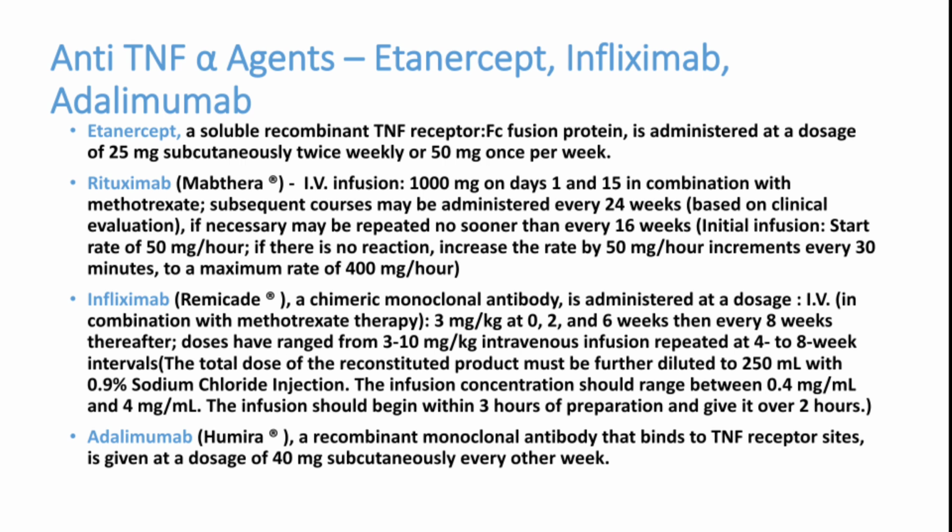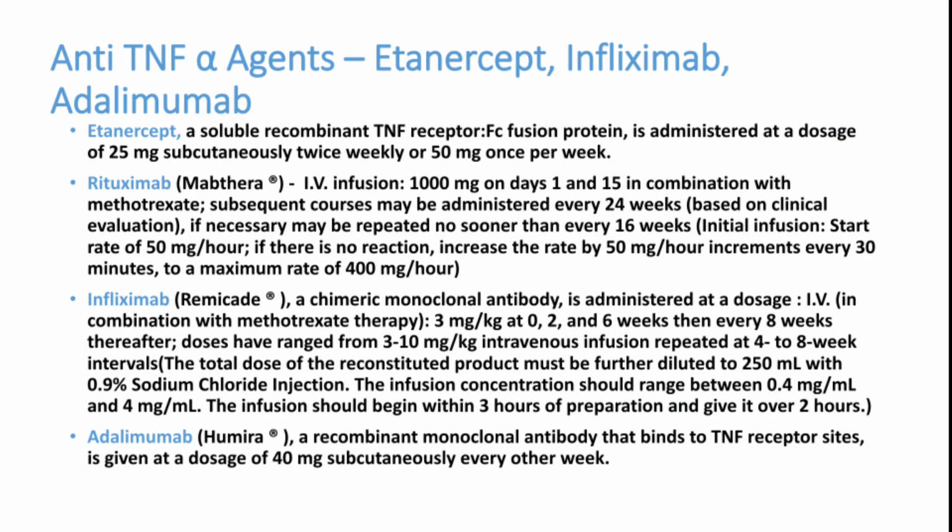Another drug is infliximab, which can be given 3 mg per kg at 0, 2 and 6 weeks, then every 8 weeks. Thereafter 3 to 10 mg per kg body weight repeated at 4 to 8 week intervals.